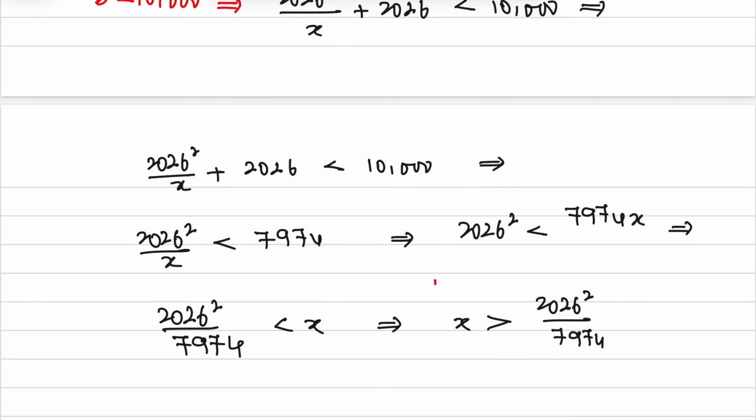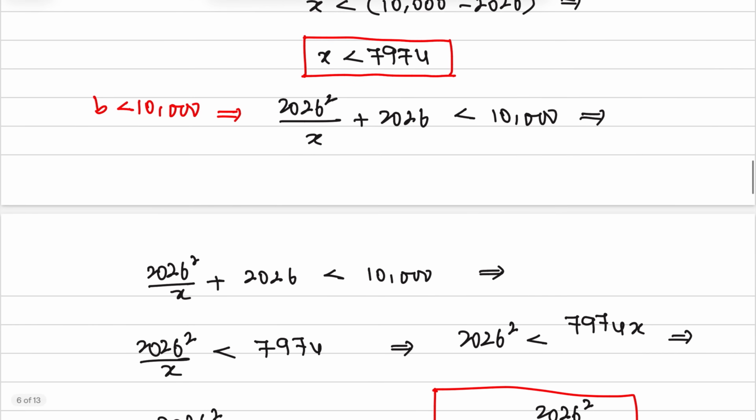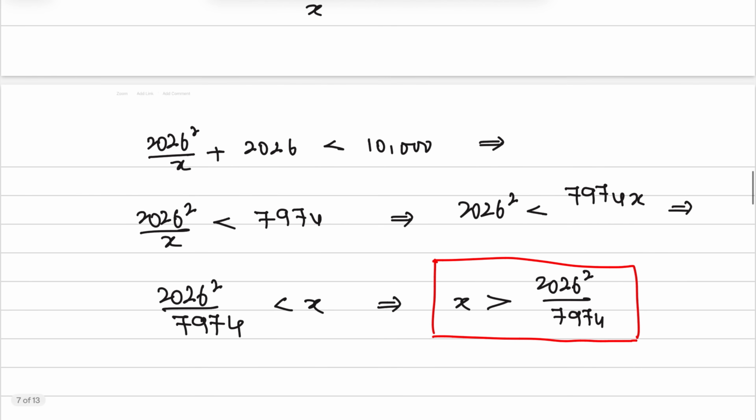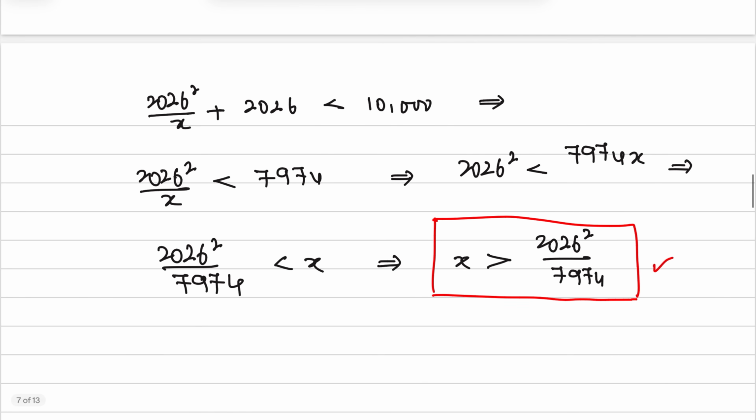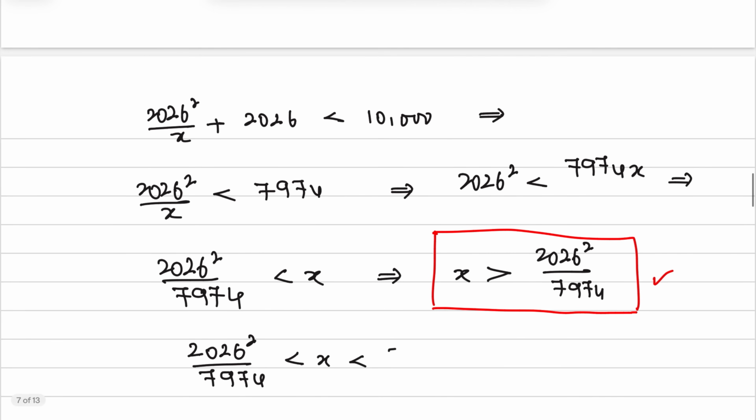That means we have got the range of x where x is lying. 2026 whole squared by 7974 is less than x, x is less than 7974.